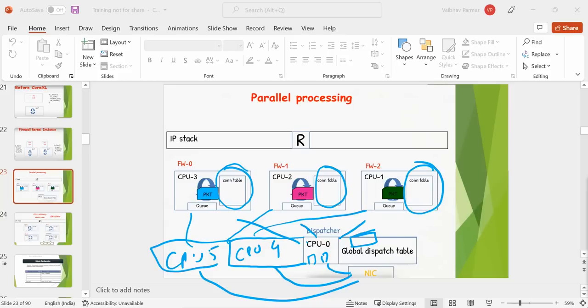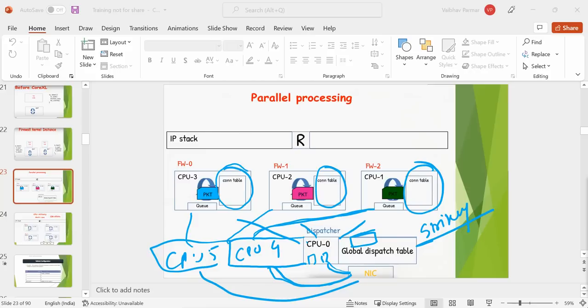Whatever packets come to them, there will be multi or parallel processing happening. Based on the match in the connection table, the packets get matched and the work gets delivered. And this sort of arrangement also helps to avoid asymmetric issues. As I said, the connections are sticky. What does that mean? Say one packet reaches CPU 0 and the second packet reaches, say, CPU 4, but the same connection is being processed by firewall instance 2.